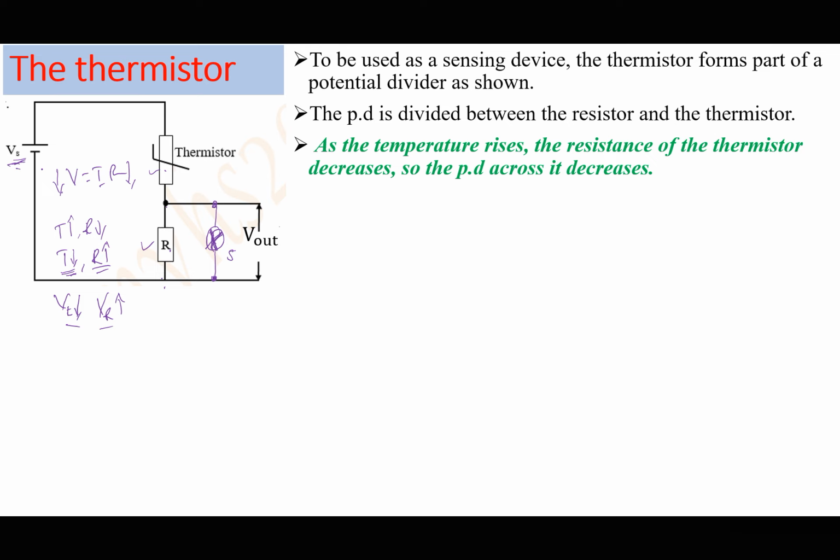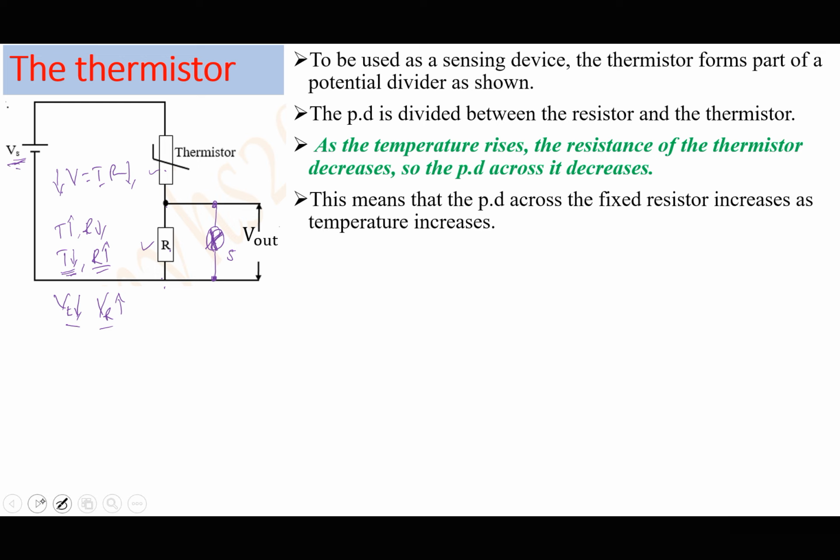However, as the PD across the thermistor decreases, the PD across the fixed resistor increases. So this means the PD across the fixed resistor increases as temperature increases.